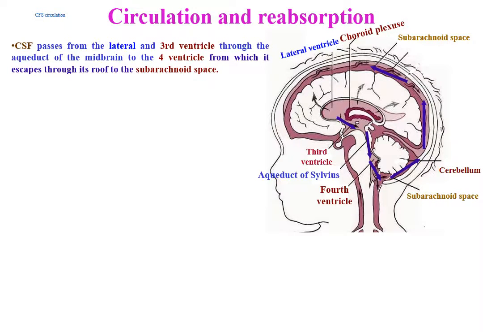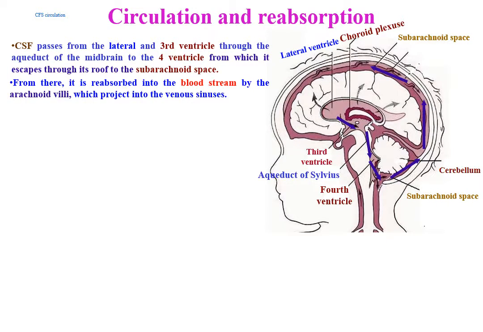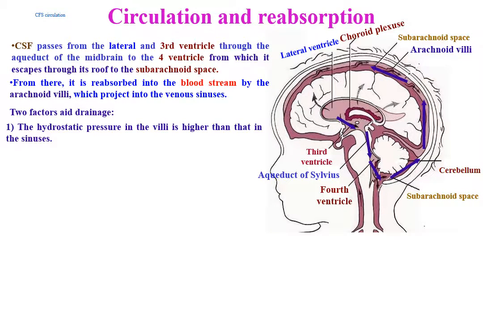From there, it is reabsorbed into the bloodstream by the arachnoid villi, which project into the venous sinuses. Two factors aid drainage. The hydrostatic pressure in the villi is higher than that in the sinuses. The osmotic pressure of the blood is higher due to its high content of protein than that of the CSF due to its low content of protein.